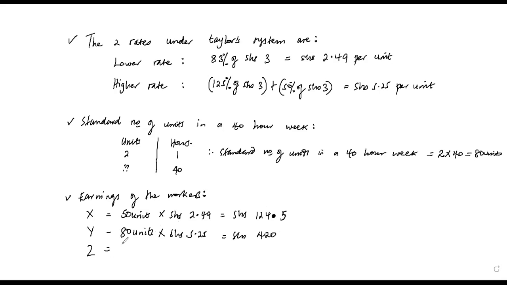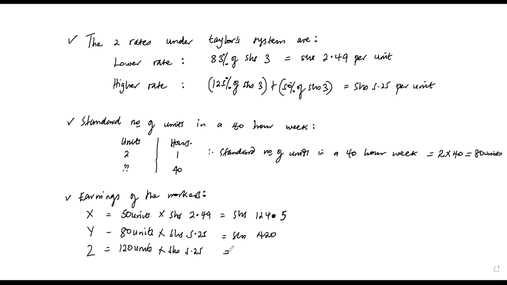Z in a 40-hour week produces 120 units. Which rate should we use? Of course, for Z, we have to use the higher rate, which is 5.25. Z is producing more units.